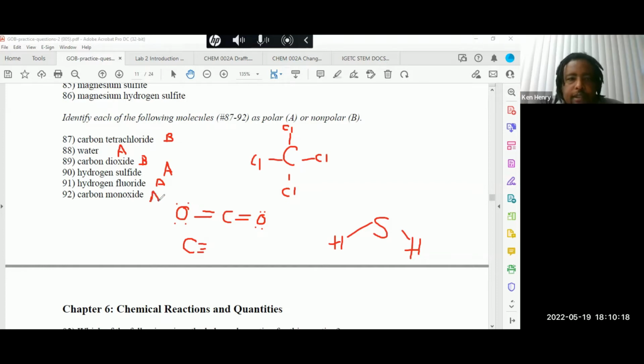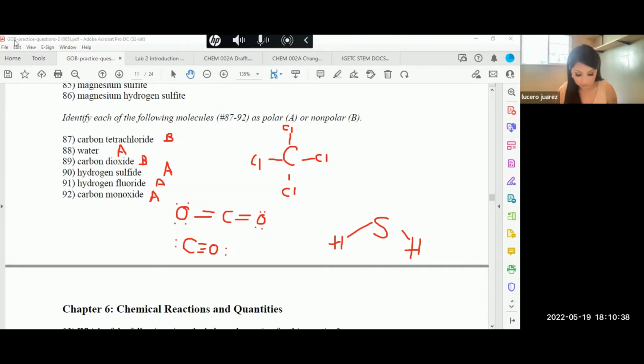It's polar. It'd be a triple bond, right? And then you have the electrons spending more time with the oxygen than the carbon. Okay? Good job.